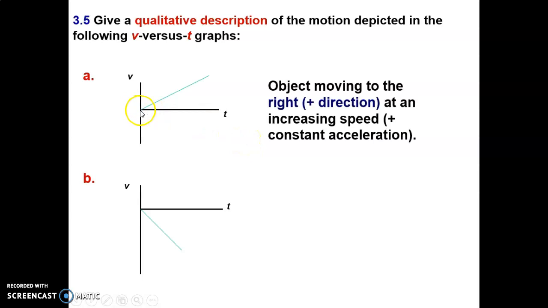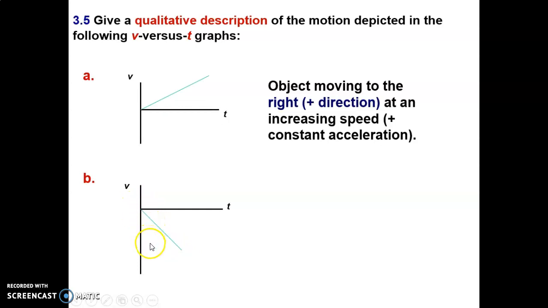So maybe this is a car. It's starting at rest. It's increasing its speed in a constant way. What about this car down here? Same thing. It's increasing its speed. This one's harder to see. People think that, well, if it's below this line, the speed's not getting bigger. But this is my 0 here. And now, as I go, I'm getting away from that 0 point.